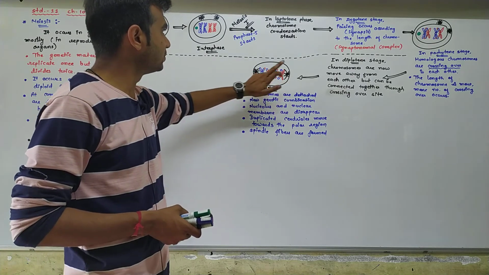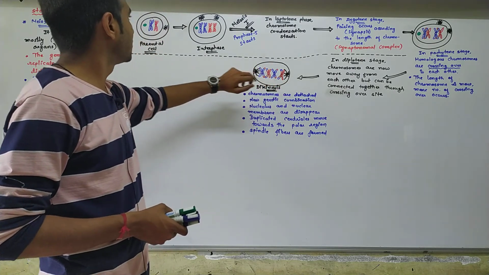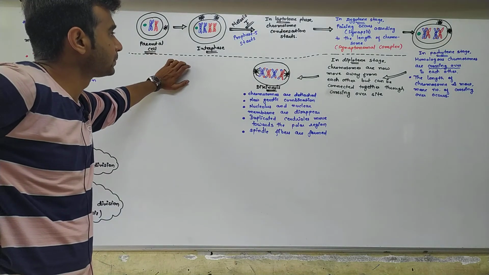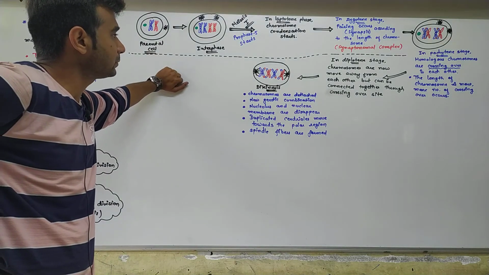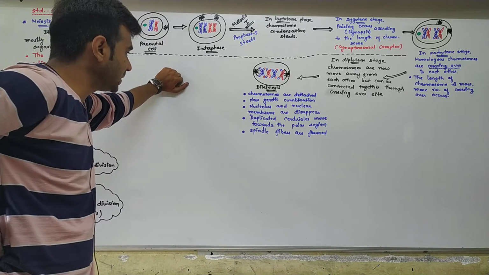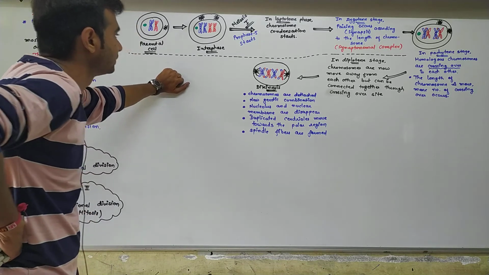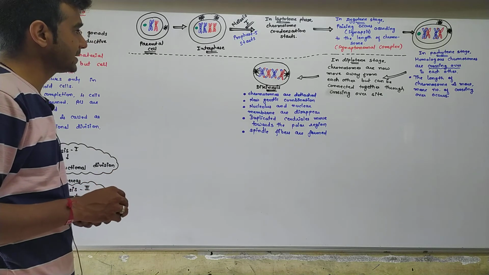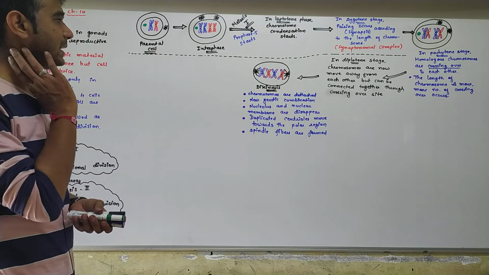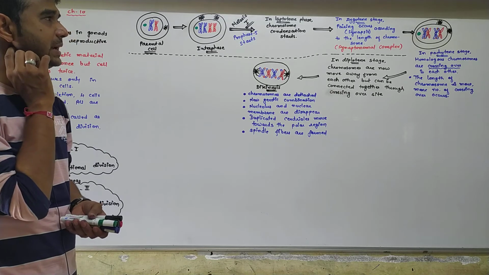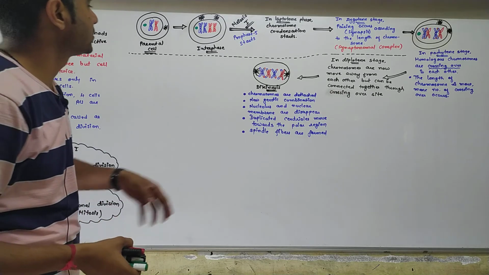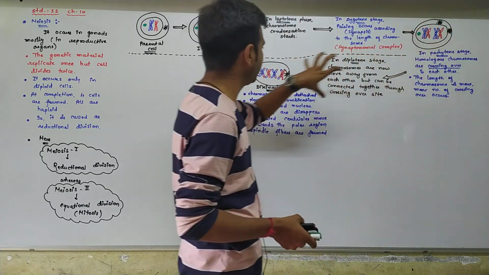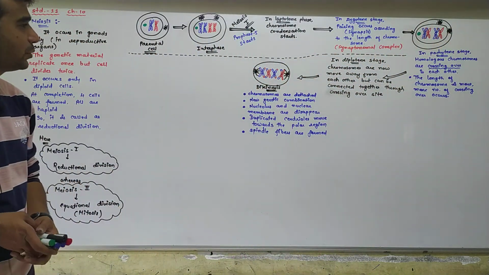Divided centrioles move towards the opposite pole, fine, and spindle fibers are formed there. So this is the diakinesis and the phase of the prophase 1. So prophase 1 has leptotene, zygotene, pachytene, diplotene and diakinesis, this many points are there.